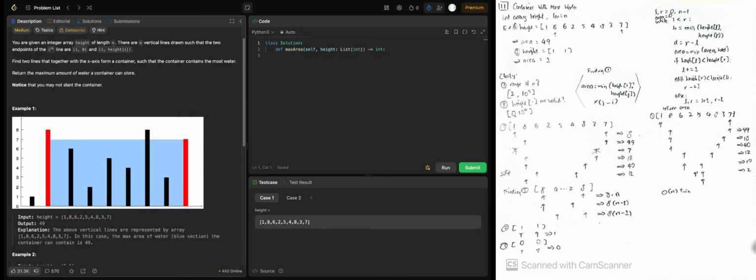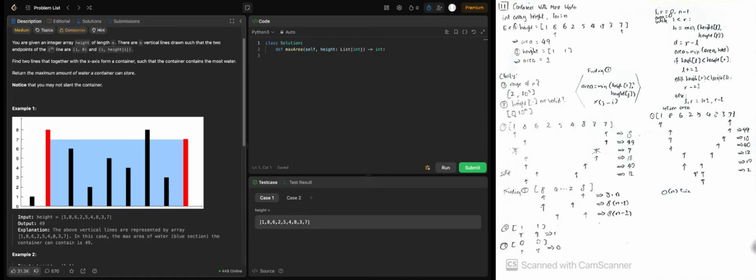Then we're gonna check whether height L is less than height R. If height L is less than height R, then left moves to the right, and if the height of the right one is less than the height of the left, then we move right to the left, else we move both.